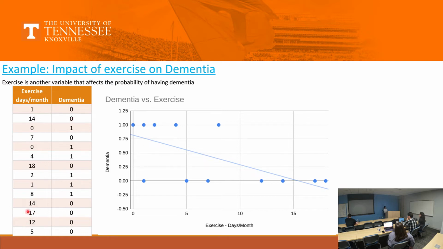Some people who are doing 17 days, they have no dementia, whereas some people who do 8 days, they have dementia. So there is another factor on which dementia depends now, on exercise.